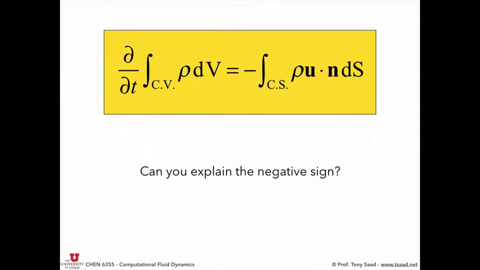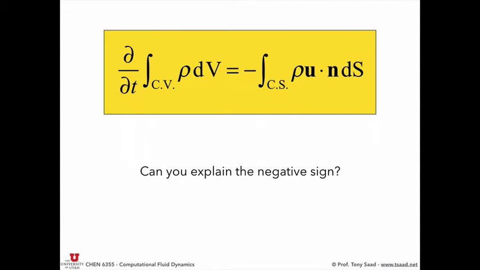But then let me ask you this. Why do I have a negative sign here? Yeah, but why? So for mass, if we are putting in more than is leaving, then the rate of change in the control volume should be positive, right? And if we are putting in, that integral is negative, so we multiply it by a negative sign to make it positive, right?